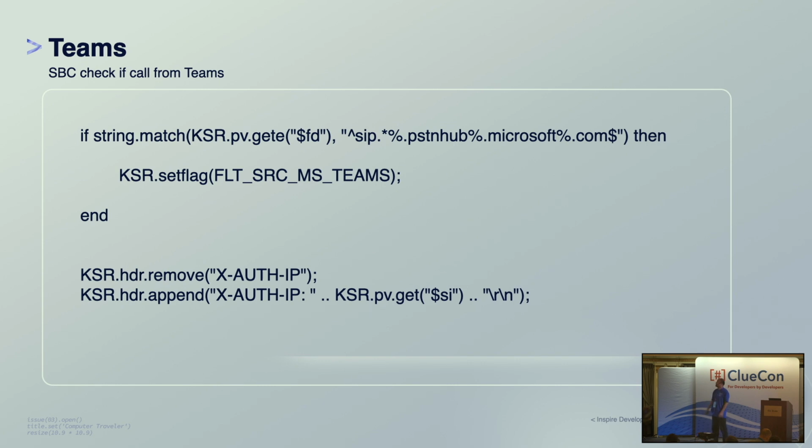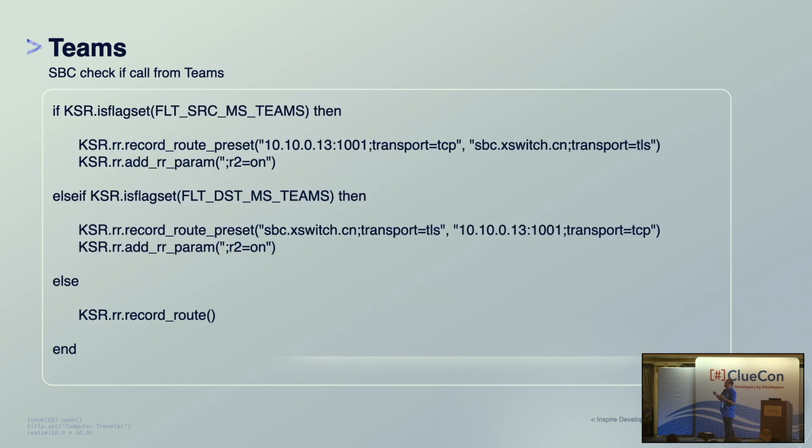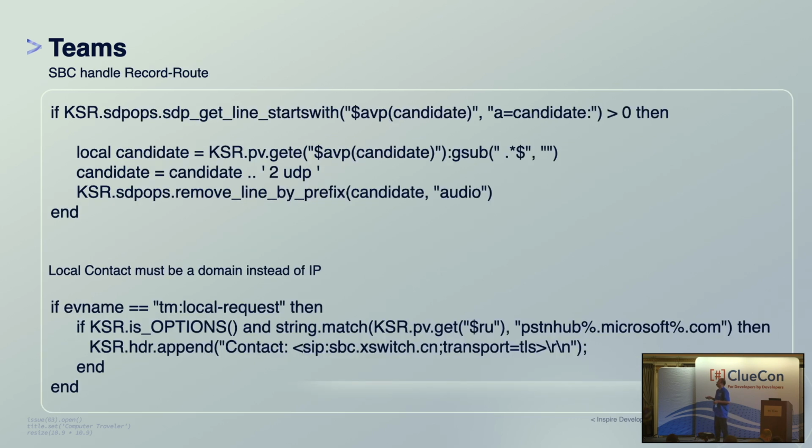Basically, this is the Kamailio Lua. We use a Lua script to check if the call comes from Teams. We make a pattern to detect with a regular expression if a call is coming from Teams. When it comes from Microsoft Teams, we do some tricks, like adding a record route and so on.